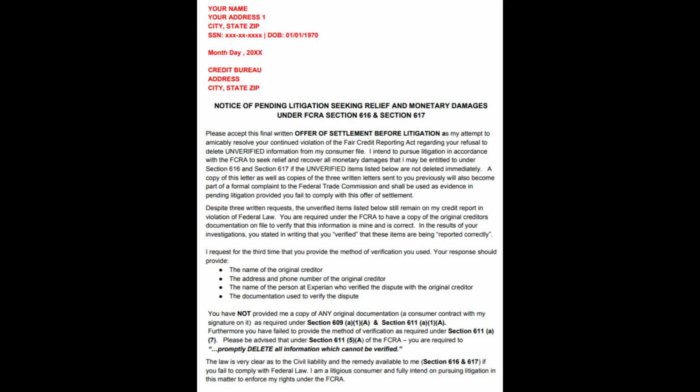I request for the 3rd time that you provide me the method of verification that you used, and to validate, your response should provide the name of the original creditor, the address and phone number of the original creditor, the name of the person at Experian who verified the dispute with the original creditor, and the documentation used to verify the dispute. You have not provided me with a copy of any original documentation, a consumer contract with my signature on it, as required by Section 609.